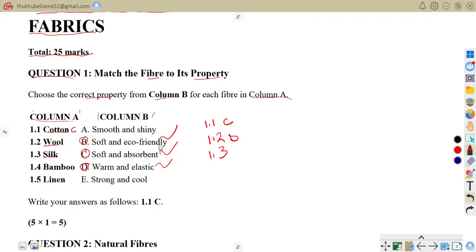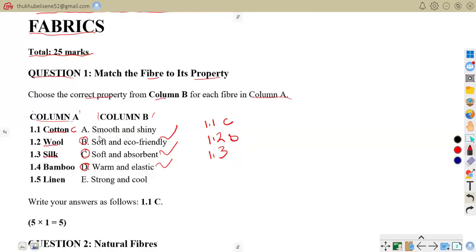So the correct answer is D. Is it D? Sorry. We are on 1.3. We did talk about 1.2 being D. 1.3 is A, sorry.